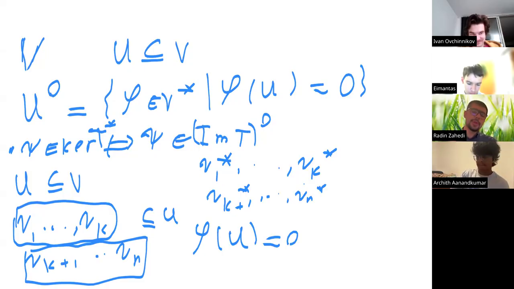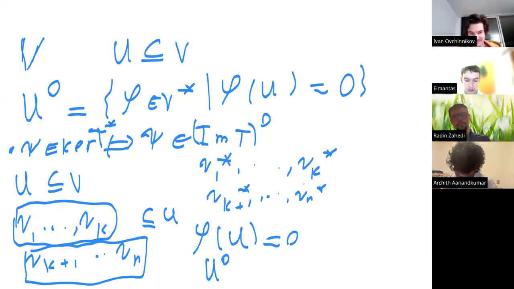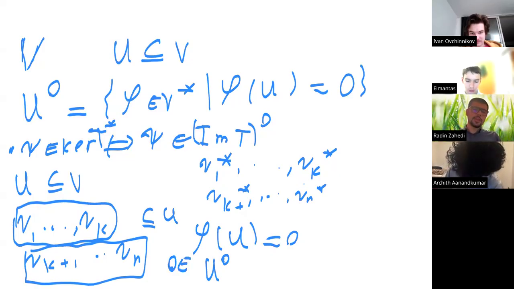What are some linear functionals that I'm sure are certainly in the annihilator? Just some examples. Typically, for example, the zero vector is. Any other vectors I can be sure of?